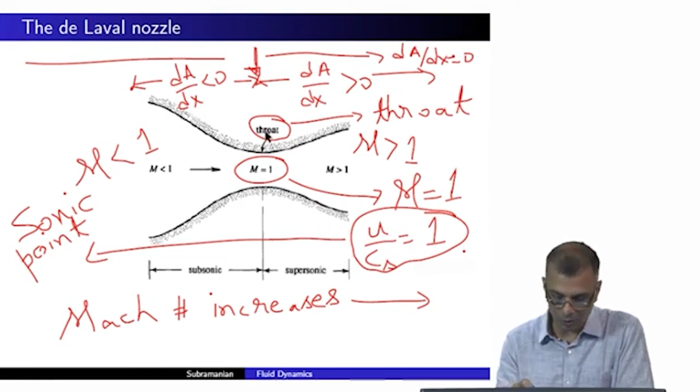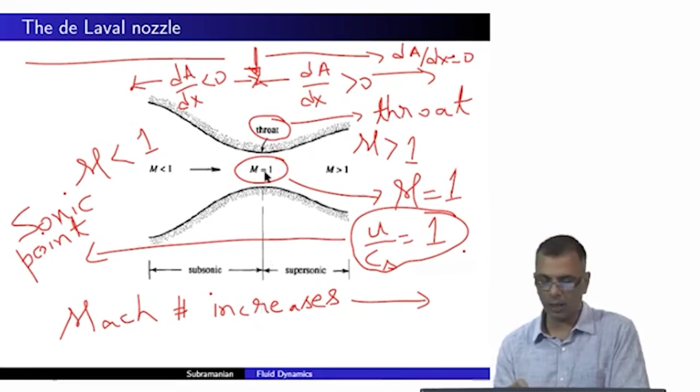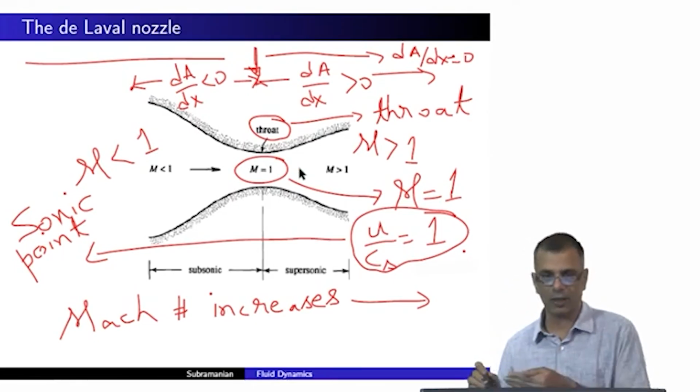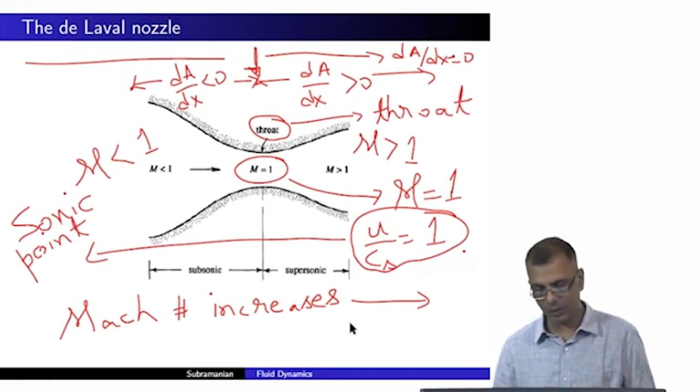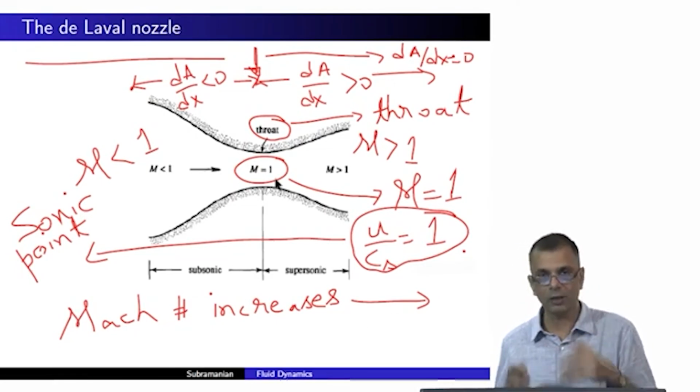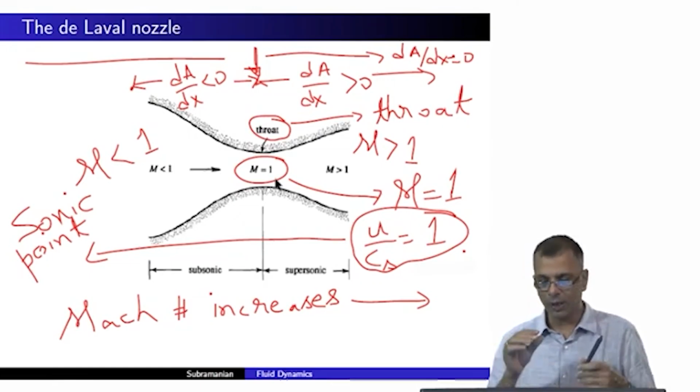So right at the throat, you have the sonic point. And to the right of this, the flow starts becoming supersonic. So to ensure that the flow keeps accelerating, and therefore the Mach number keeps increasing, you need to have a diverging channel now, because we know that for supersonic flows, a diverging channel acts as a nozzle.